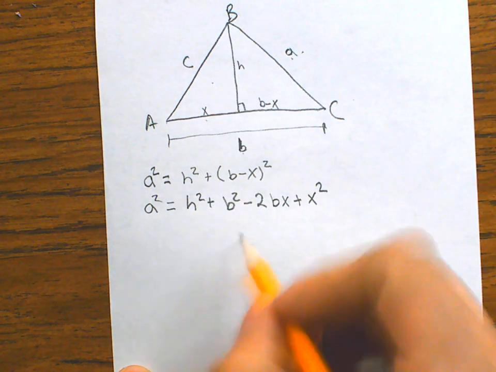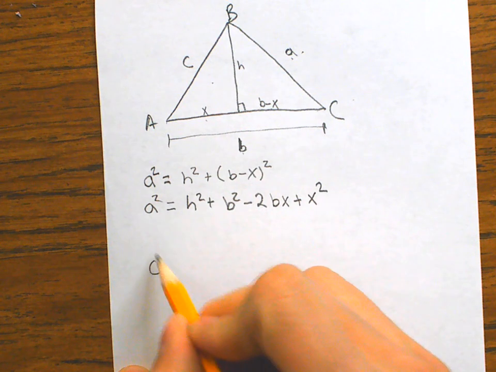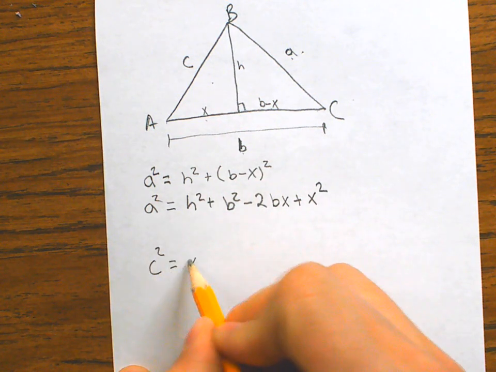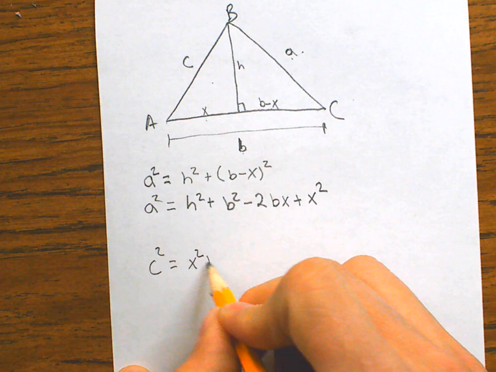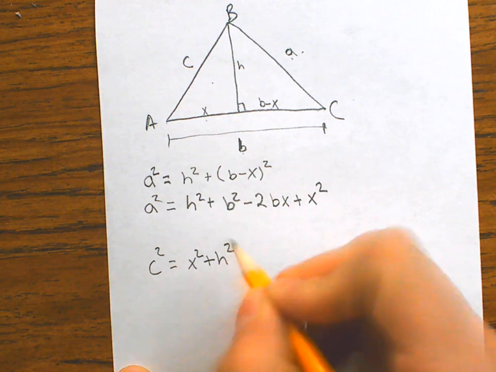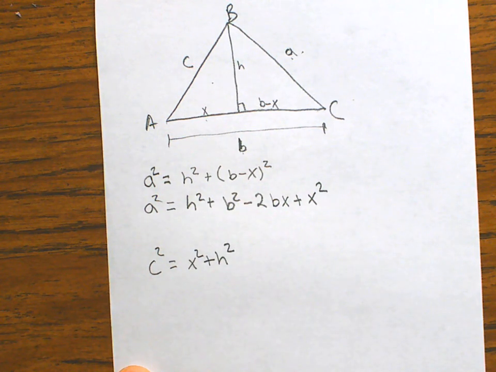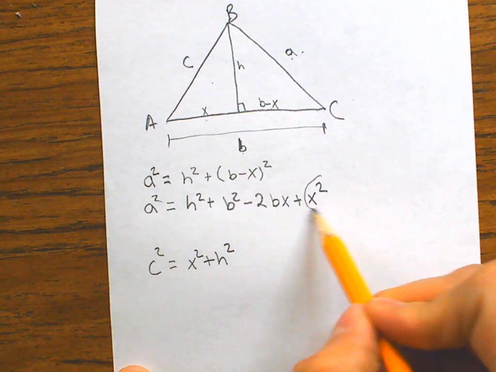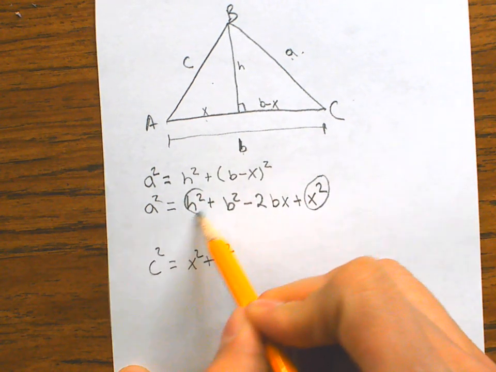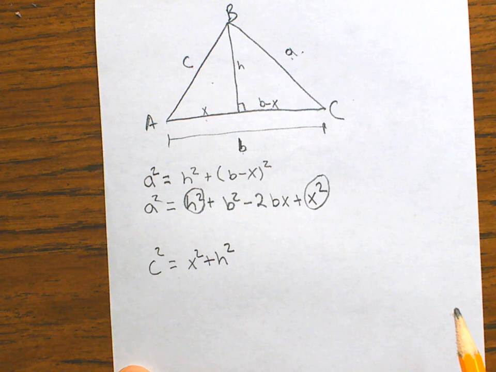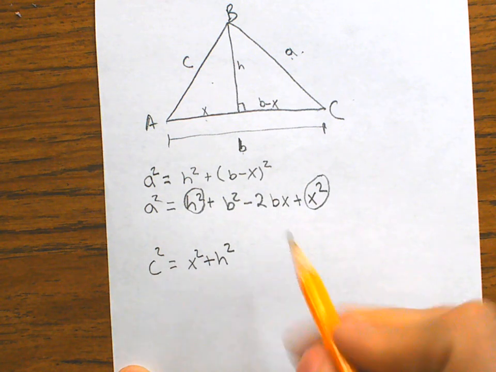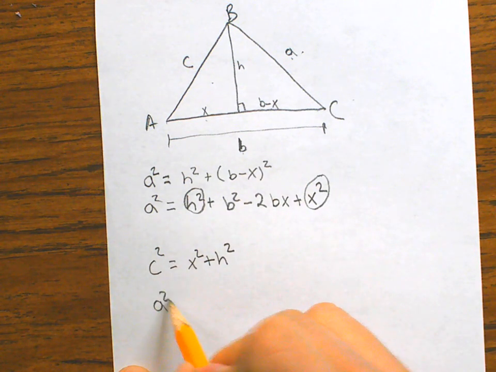On this side, we have c squared equals x squared plus h squared, right? So if you identify this, this and this is exactly that. So I'm going to replace that.